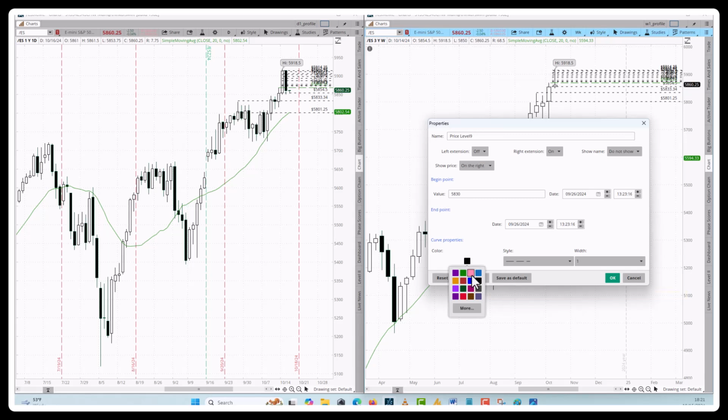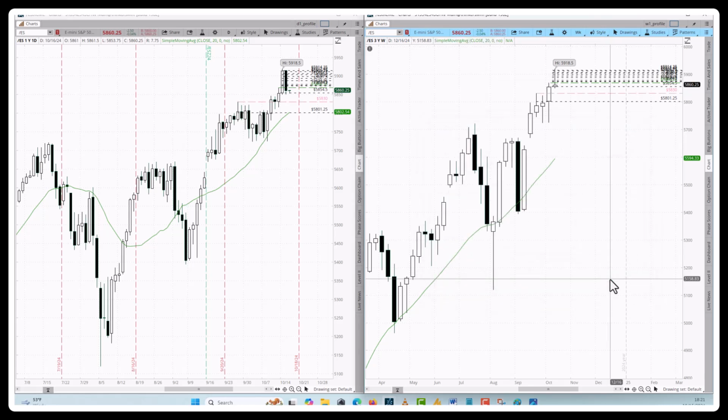Yeah, watch for that level. If we break down that level, then we are looking for the reversal all the way here. Maybe you see the equal low here is 57.24.